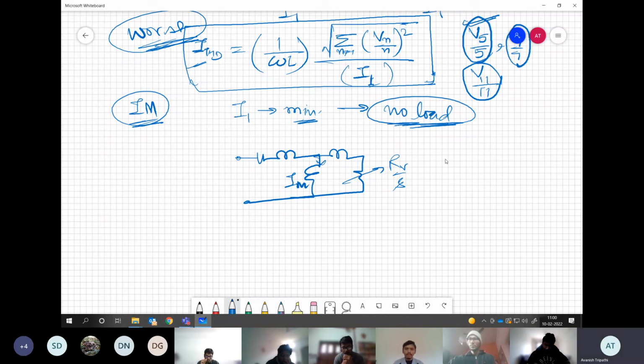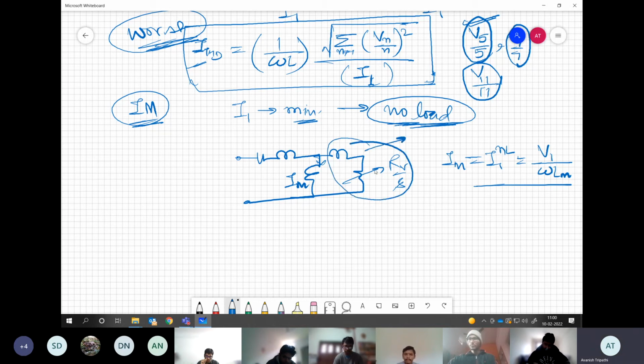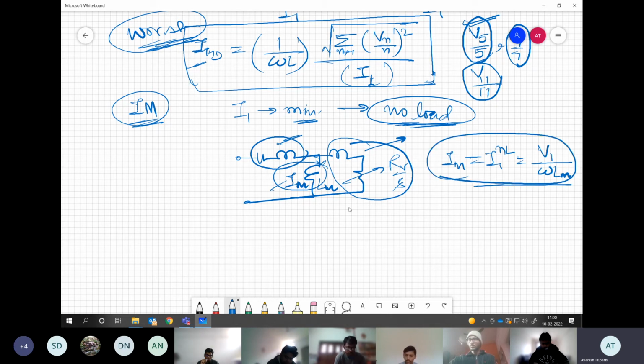And we can approximately say that IM or I1 under no load is basically V1 by omega Lm. Because this is no load operation, slip is going to be very small. This parallel branch will go out. Then this is a dominant impedance compared to the stator one. So only Lm will be remaining over here. So that will dictate what is the magnetizing current flowing in the system.